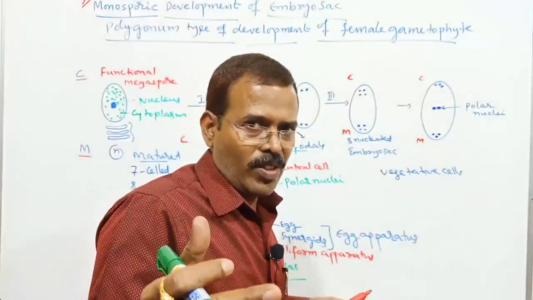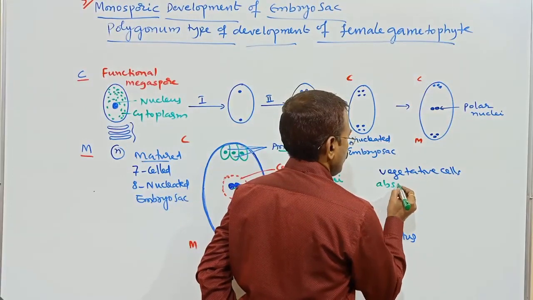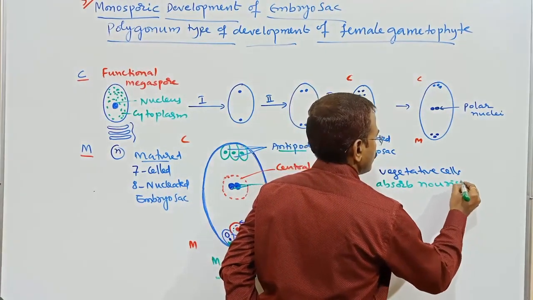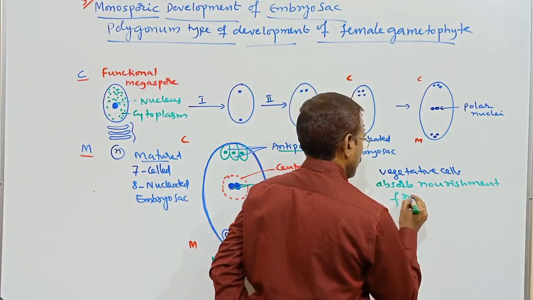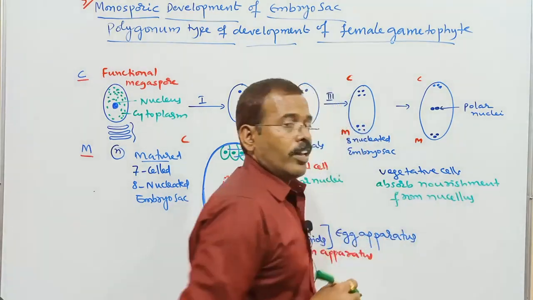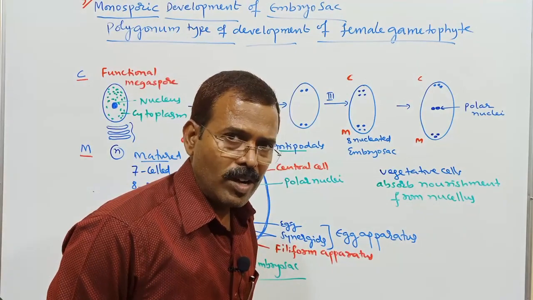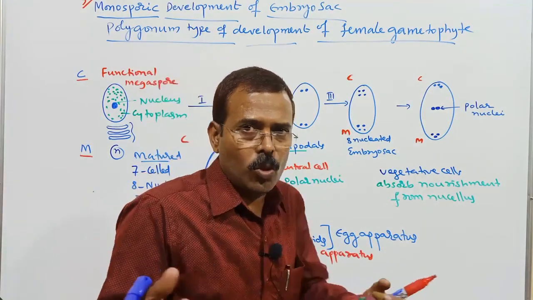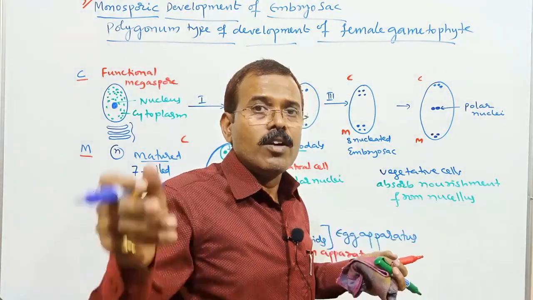The function of the antipodals is to absorb nourishment from the nucellus. These antipodals will develop structures called haustoria, which are involved in absorption of food from the nucellus.